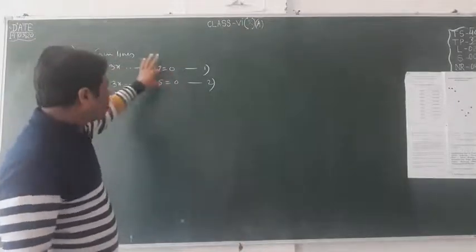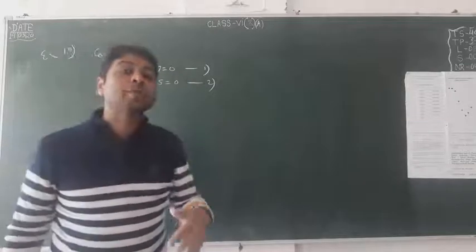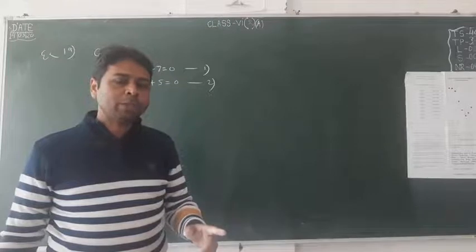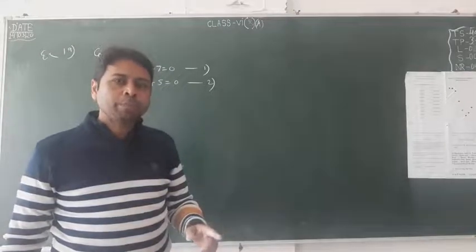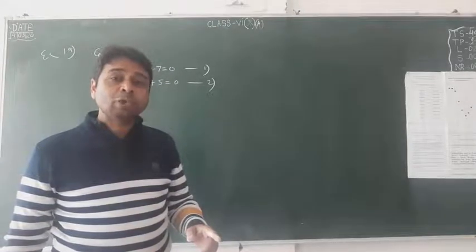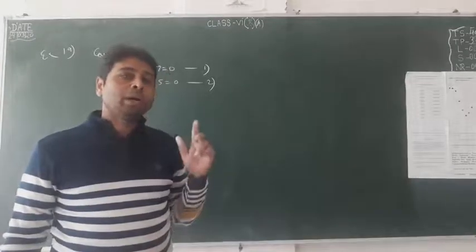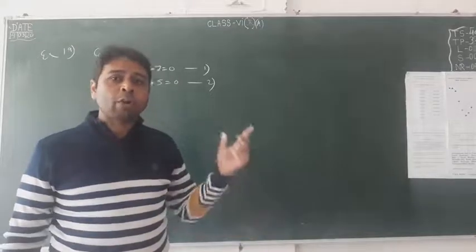Okay. Now the lines are parallel and we have to find the distance between the lines. So what is the method I taught you yesterday? You should remember. First of all, we will find the perpendicular distances of both the lines from the origin point, and now they'll be subtracted or added.